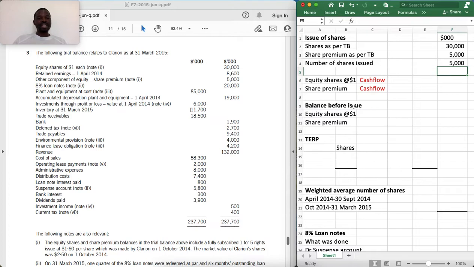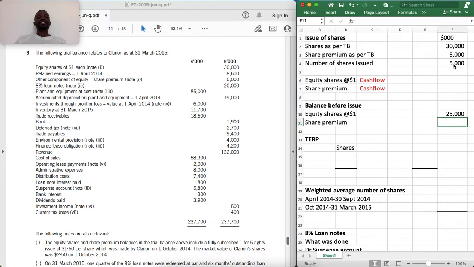So if 5,000 shares were issued, before the issue how many equity shares were there? We can simply say 30,000, which is the nominal equity at a dollar, less the number of shares issued at a dollar, which is 5,000.